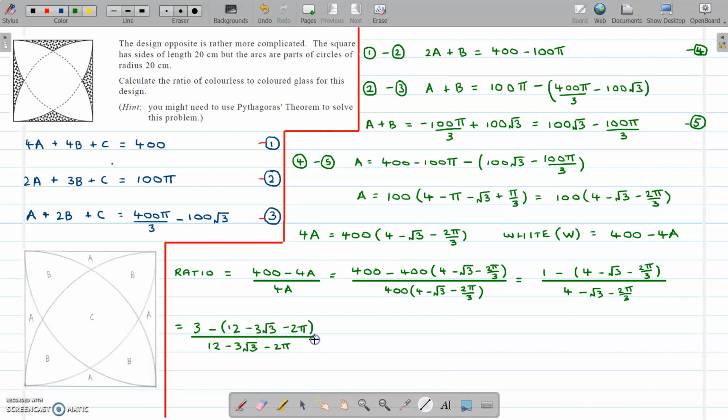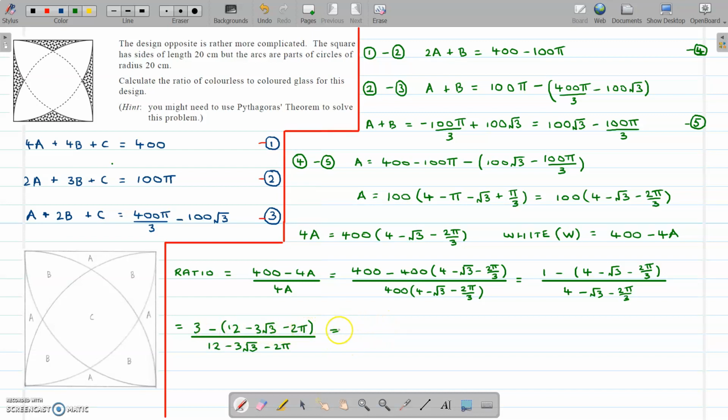We're nearly there, because if you look at that top line, the numerator, you've got 3 take away 12 is minus 9, and then you've got to take away minus 3 root 3, which is plus 3 root 3, and then you've got to take away minus 2 pi, which is plus 2 pi.